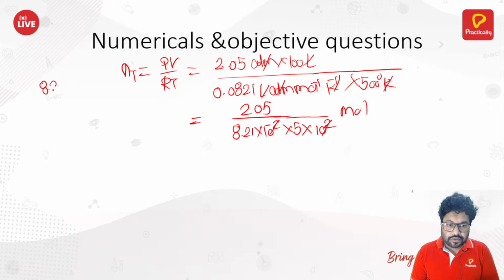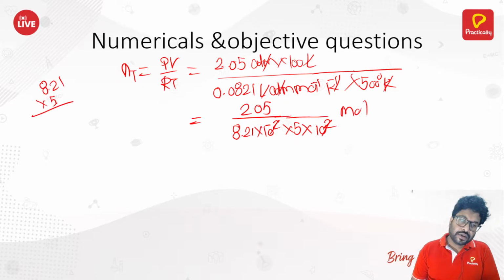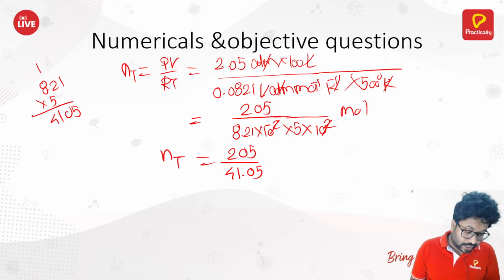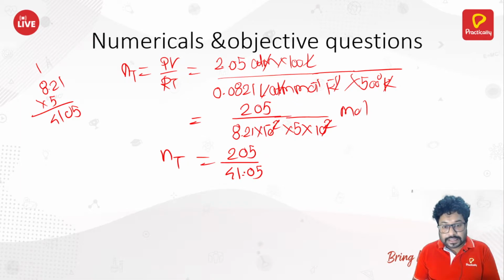And 8.21 into 5: 5 ones are 5, 5 twos are 10, 5 eights are 40, 40 plus 1, 41.05. So 205 divided by 41.05 will give you your Nt. If you look at this, it is roughly 5, because 41 into 5 is about 205. This is 1.05 into 5, which is something like 5.1, and this is 205.